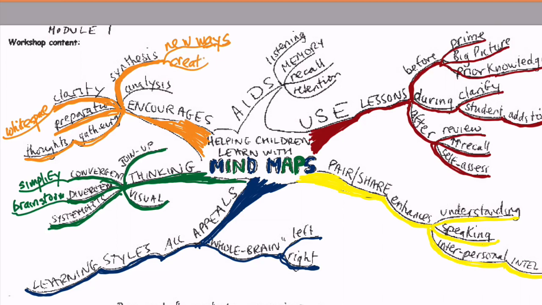So the mind mapping principle is great for creative thinking, but also it can encourage analysis. Analysis is where we break things down into its important bits. And, as we look at the mind map here, that's what we have before us. We have all the important bits arranged hierarchically on one sheet of paper.